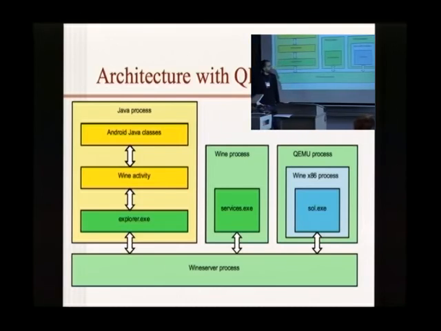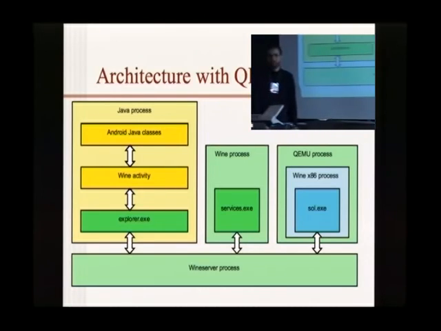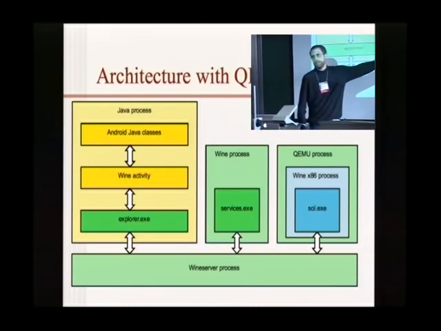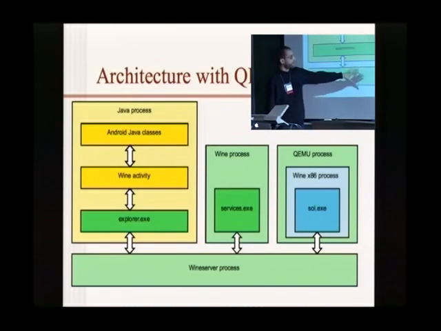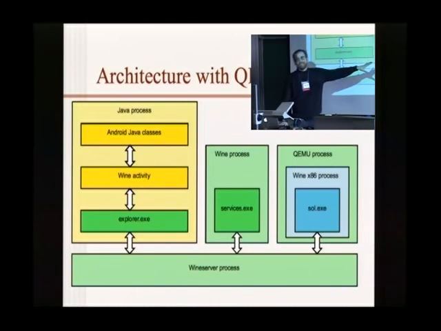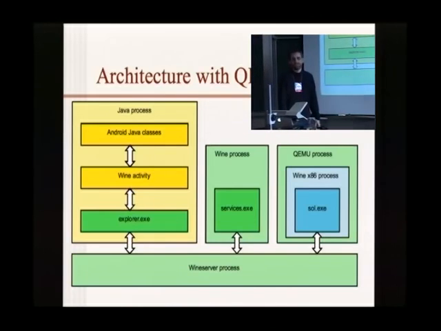So the advantage here is that, of course, you get much better performance because everything apart from the wine binary is running natively. The wine server in particular is running natively, so you get full speed there. All the window management is running natively. So basically you have only one small, or not so small, depending on what you run, process under QEMU. At this point it's only Solitaire because that's the only thing that doesn't trigger QEMU bugs.